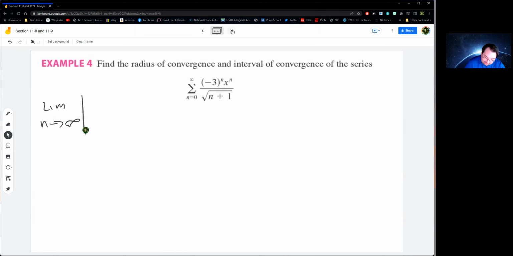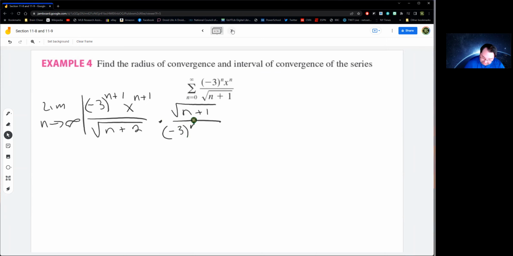So I've got -3 to the n plus 1, x to the n plus 1, over the square root of n plus 2, times the square root of n plus 1 and x to the n. Everybody see where I got the n plus 2?